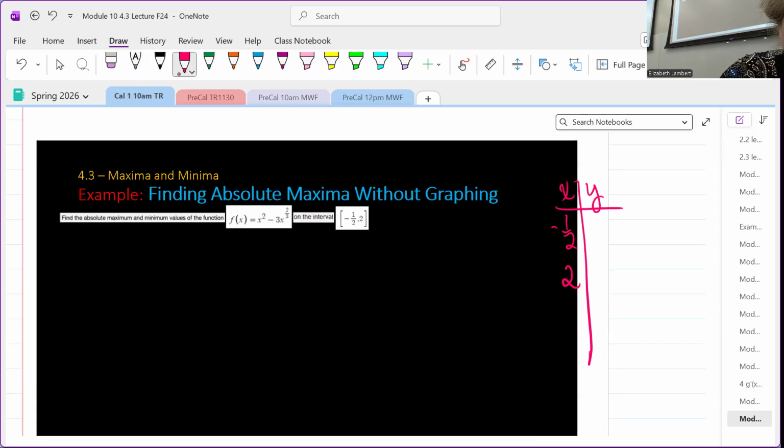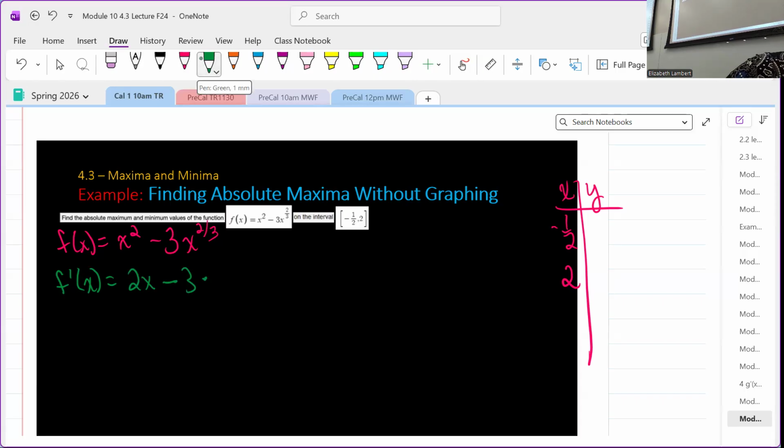Now we're going to take the function. So f of x equals x squared minus 3 times x to the 2/3, and we're going to take the derivative of this. So the derivative of x squared is 2x minus 3 times the derivative of x to the 2/3.